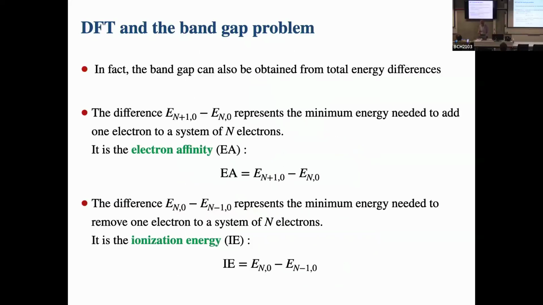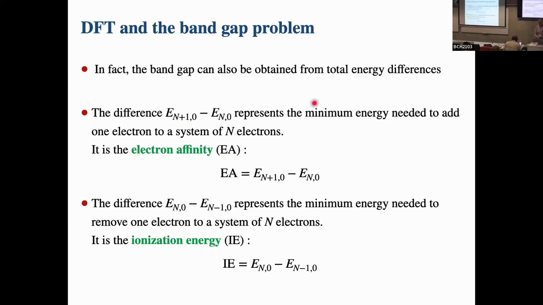So formally, if we want to define things, the difference between the ground state energy of an n+1 system of electrons and the ground state of the system of n electrons is the minimum energy that is needed to add 1 electron to the system, and this is called the electron affinity.